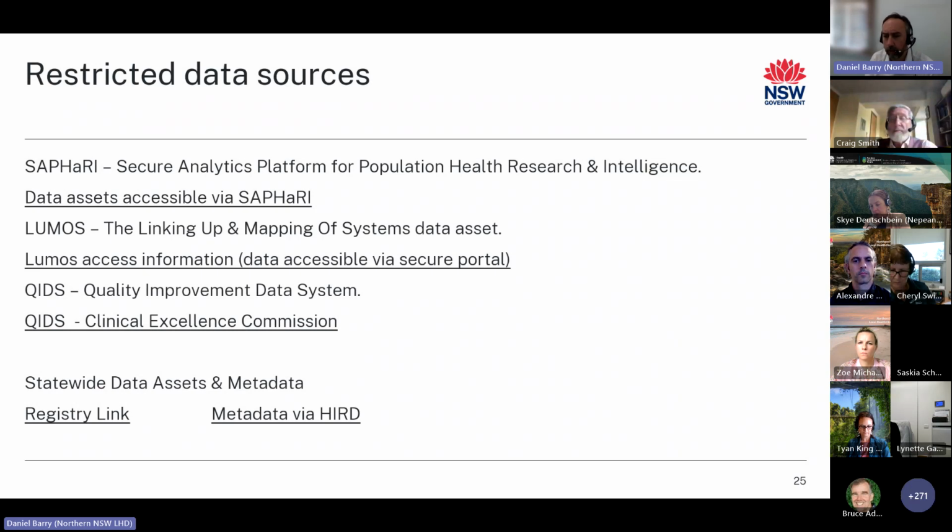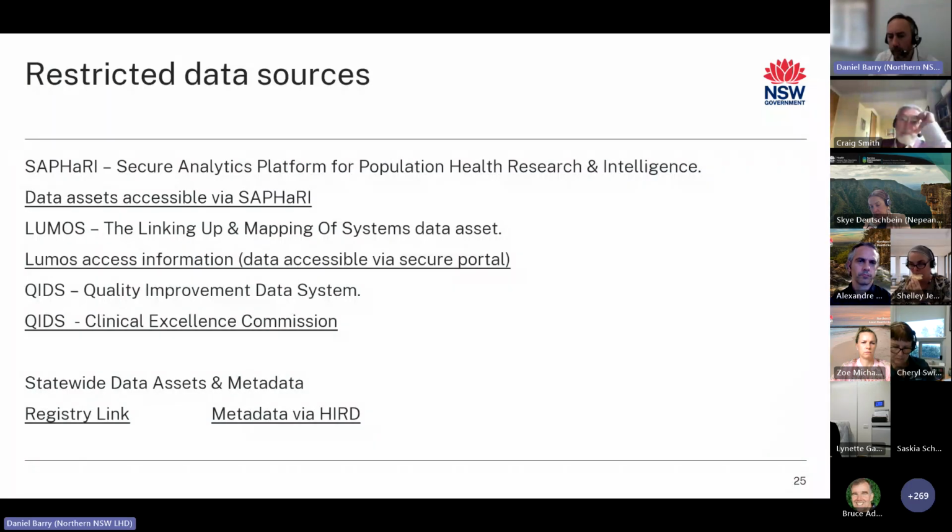It allows users to develop a range of data tables and graphics, and it's used mostly for quality improvement, but there are other allowable uses for the data, including research. It's incredibly useful, and I think one of the benefits of it is it requires a lower technical overhead to use, as well as its broader accessibility.